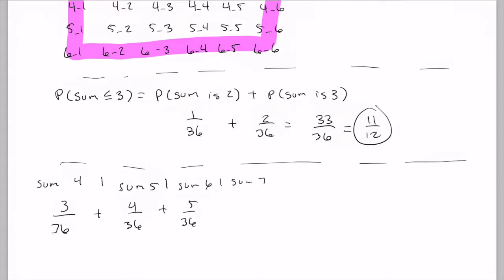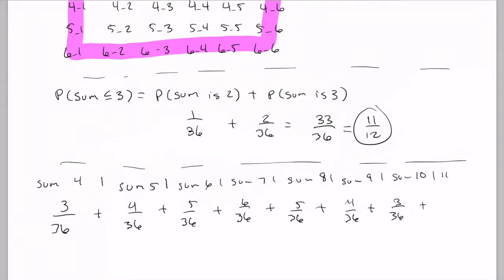Sum 7, 6 out of 36, plus sum 8, 5 out of 36, sum 9, 4 out of 36, plus sum 10, 3 out of 36, sum 11, 2 out of 36, and sum 12, 1 out of 36.